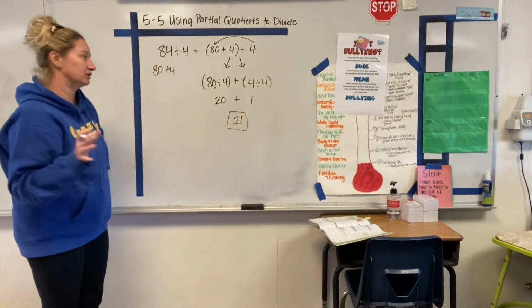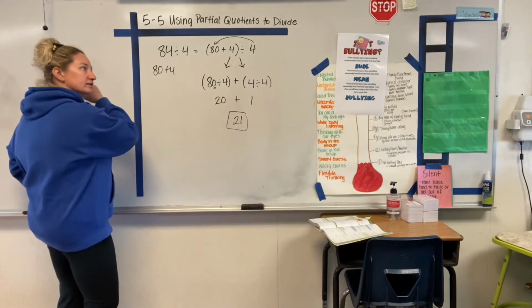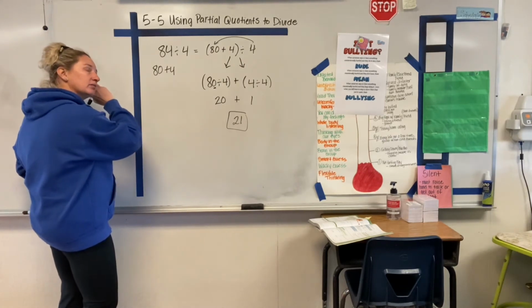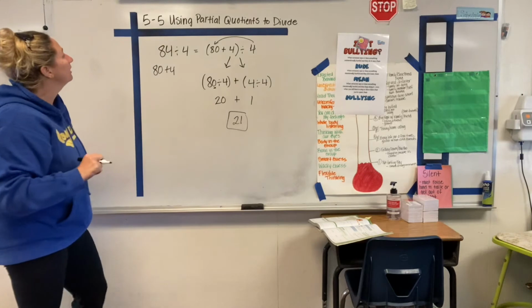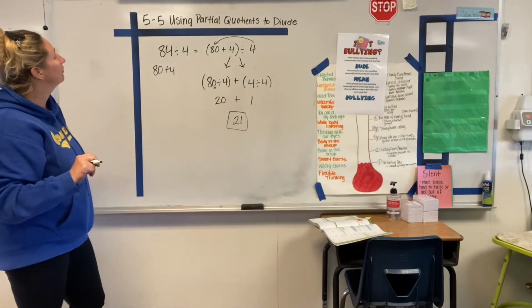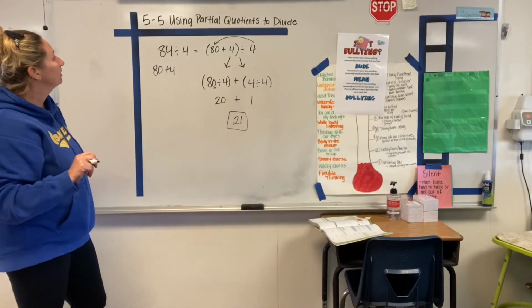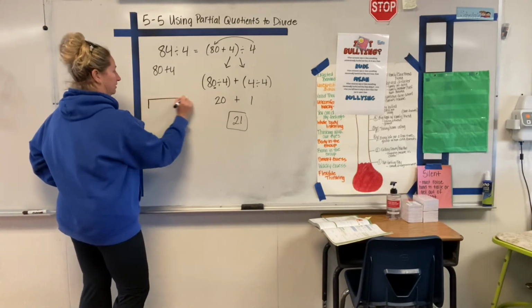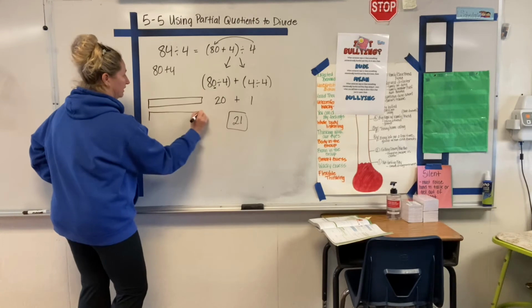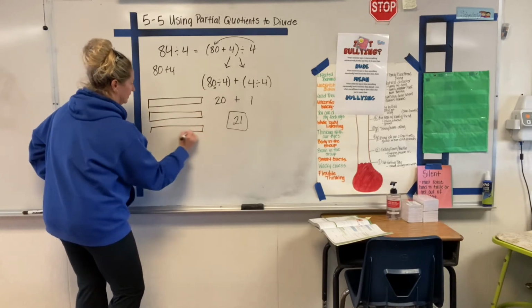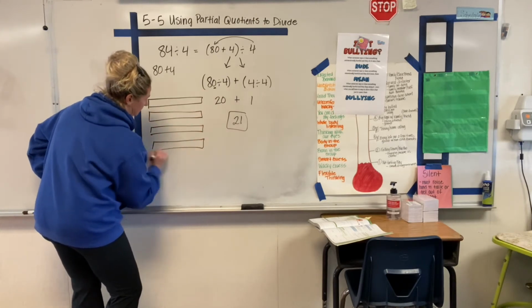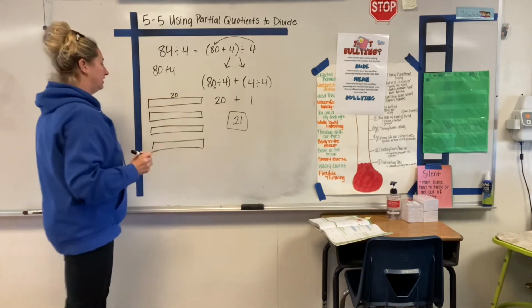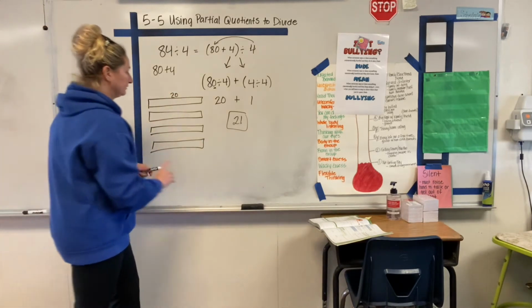If I want to do a picture with it, it is 84 divided by 4. So I have 20, 40, 60, 80. These are all 20s.